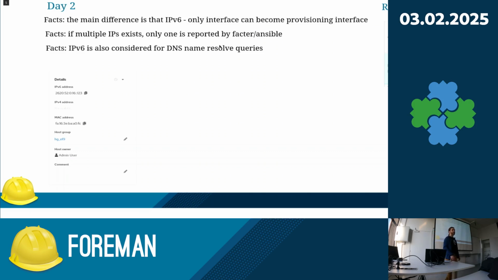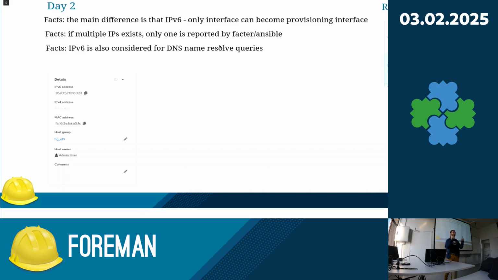We also consider IPv6 fields for DNS resolve queries. Internally, when we decide which interface can become the provisioning one, we actually check for IP resolve, like which IP address is actually resolving for the Foreman hostname.